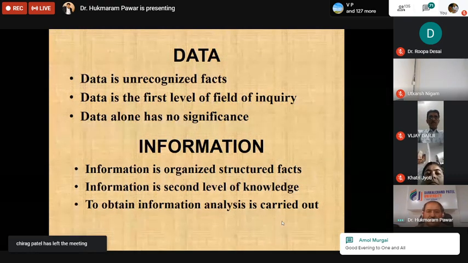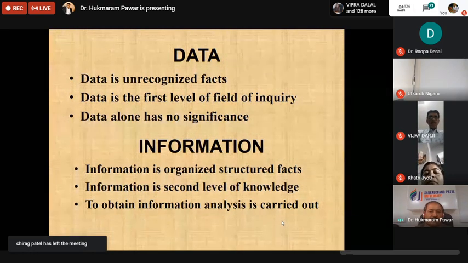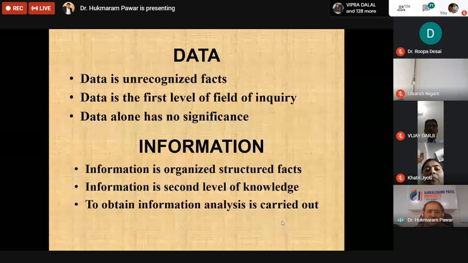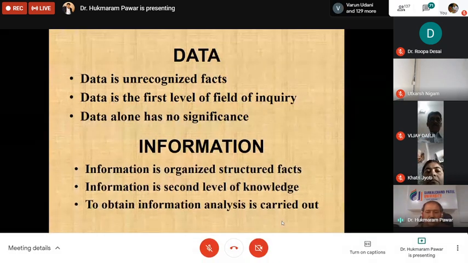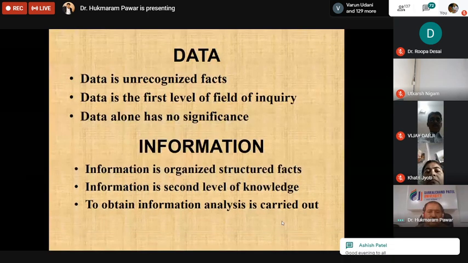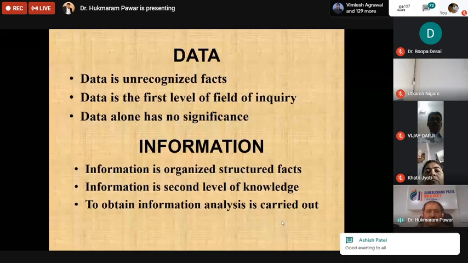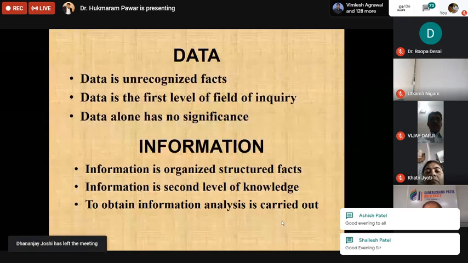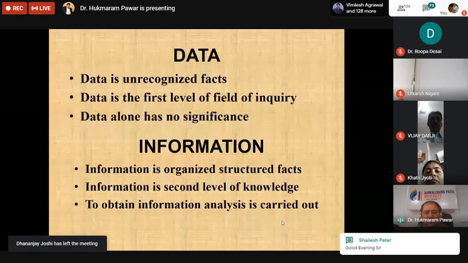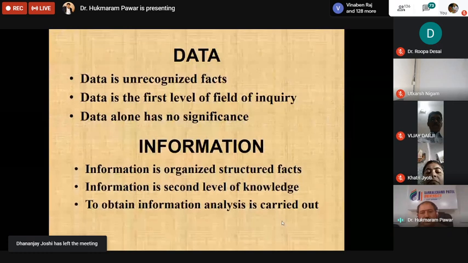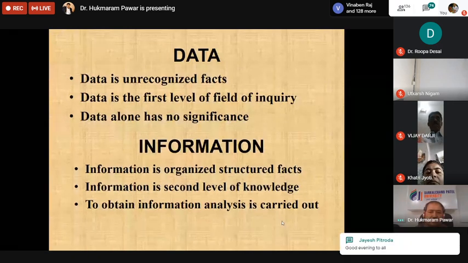Whatever your observations, whatever units you have, whatever quantities you have, these are unorganized facts. This is just knowledge which we are going to use, but it is not in a systematic way, it is not in an organized way.